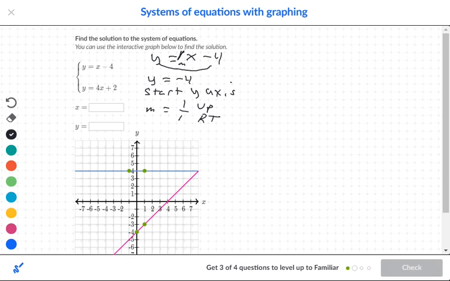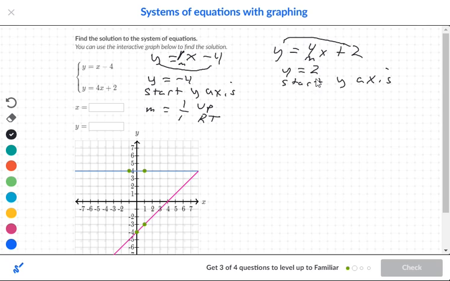Now let's graph the second line. The second line is y is equal to 4x plus 2. So right away, y is 2, because we can make that line. And again, this is where you start from, and this is your y-axis.